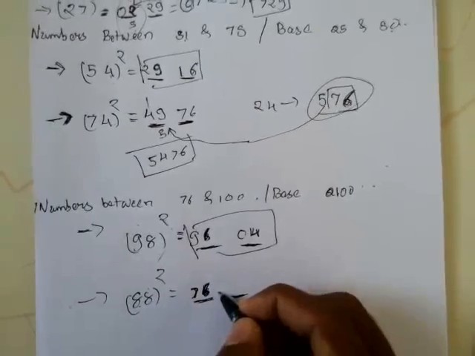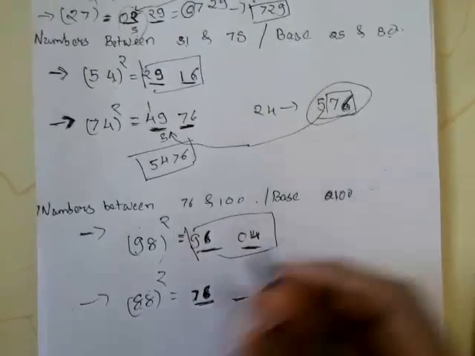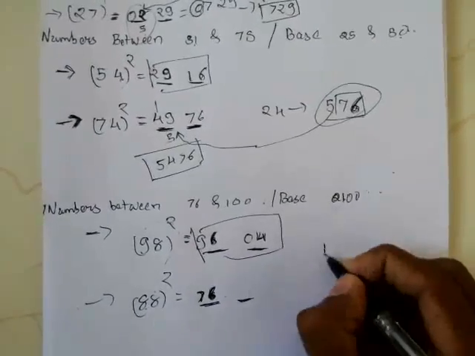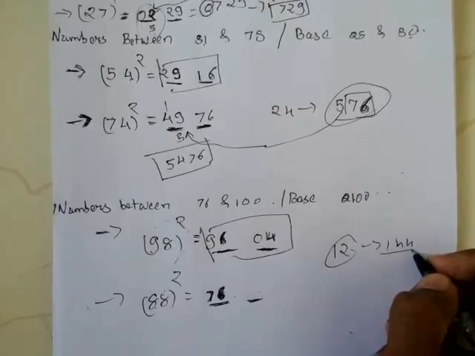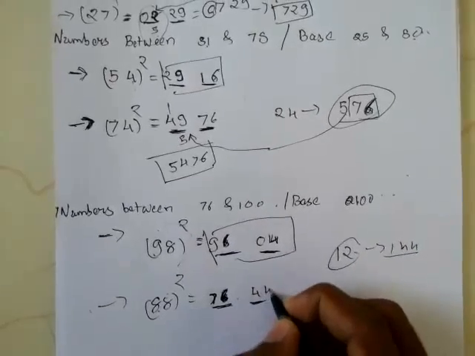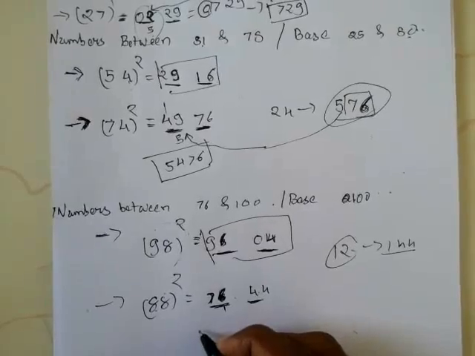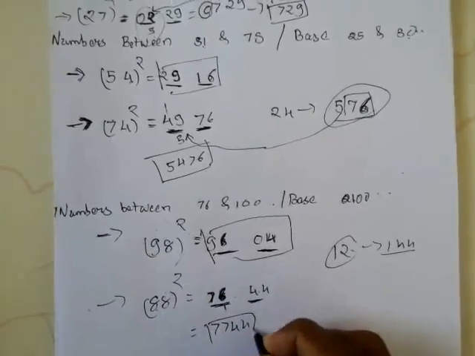So 88 minus 12 is 76, and the last two digits will be the square of the difference between 88 and 100. The difference is 12, and the square of 12 is 144. Here again we got a 3-digit number, so we'll put 44 here and we will add 1 here. So our answer will be 7744.